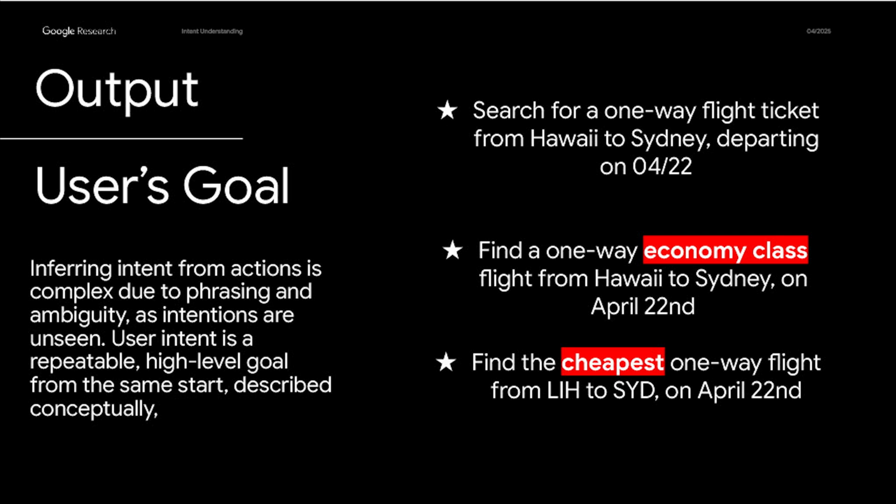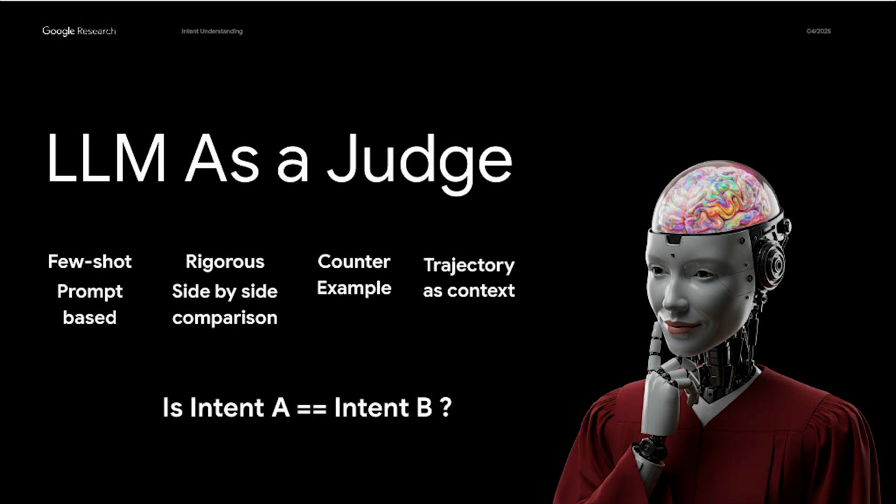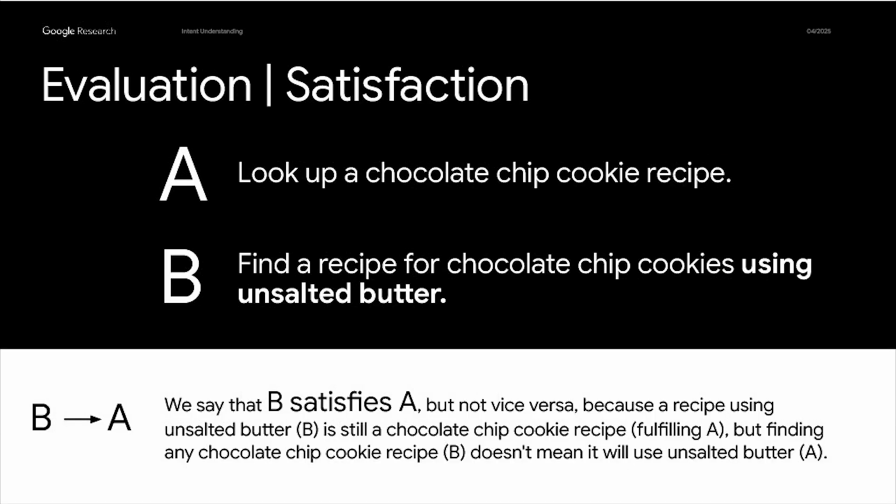That's right. But how do they even measure if the AI gets it right? That sounds difficult. Well, this is where it gets quite clever, actually. They move beyond just looking for an exact wording match between the AI's guess and, say, a human description. Okay. They introduce this concept called satisfaction. Think about it like this. If your goal is very specific, say, find a recipe for chocolate chip cookies using unsalted butter, let's call that goal B. Right, very specific.